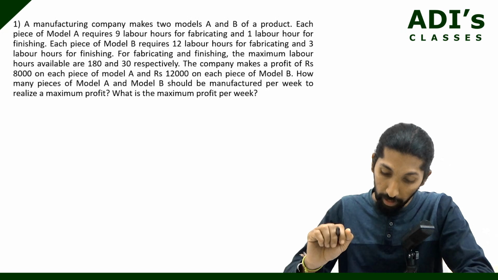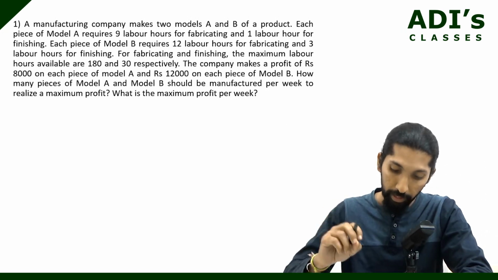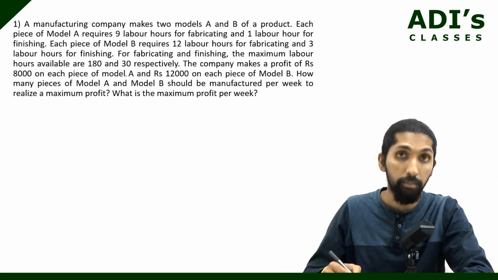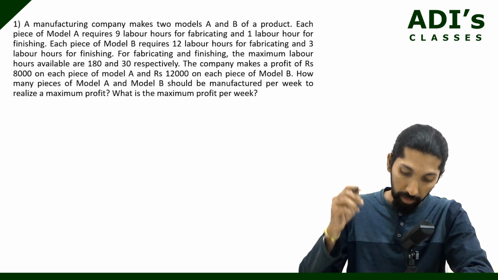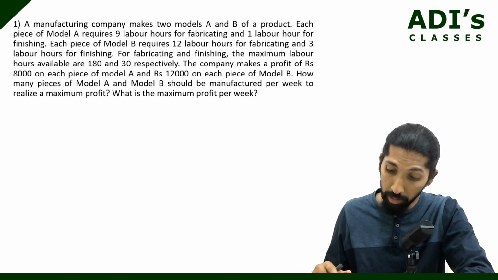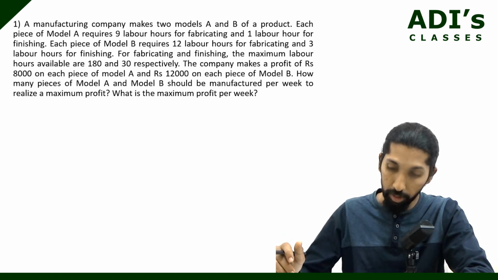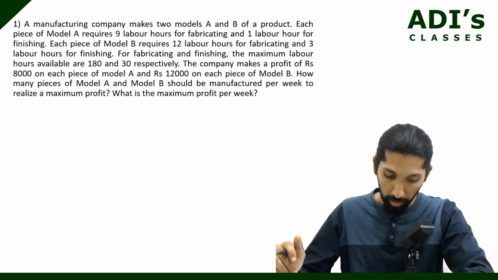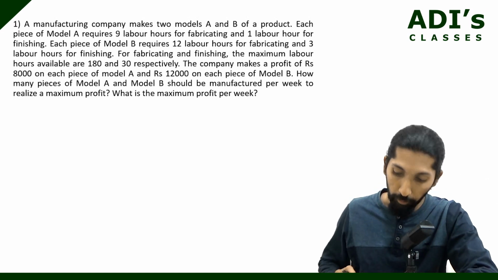For fabricating and finishing, the maximum labor hours available are 180 and 30 respectively. The company makes a profit of 8,000 on each piece of A and 12,000 on B. How many models of A and B should be manufactured per week to realize a maximum profit? What is the maximum profit?